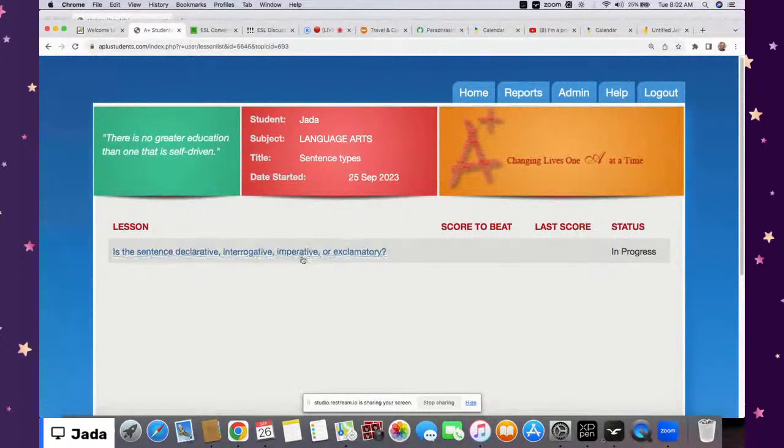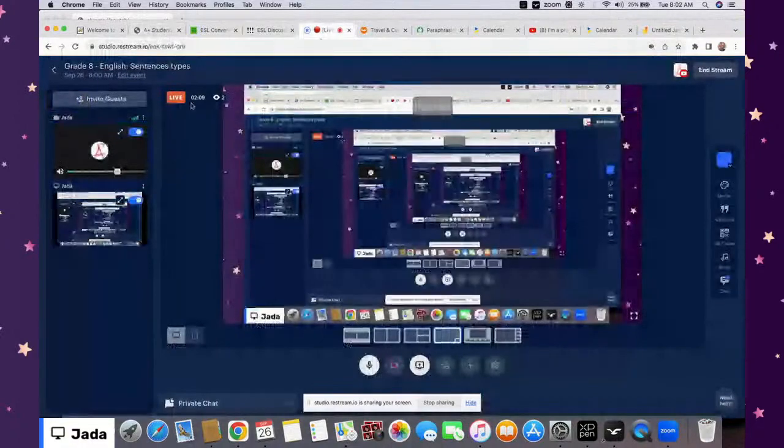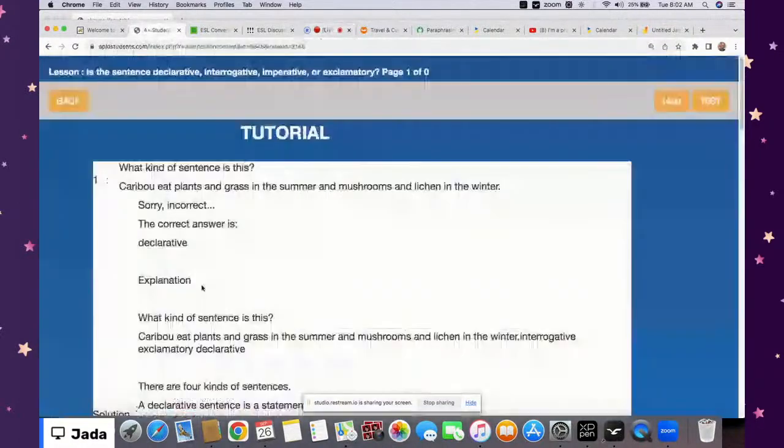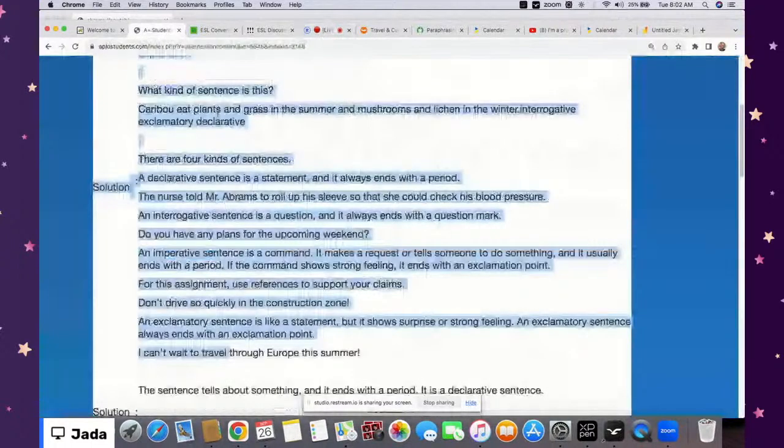Okay, so we have four types of sentences. All right, so we'll just go through the four types of sentences, and then also we will go through the examples, and then we will answer the test.